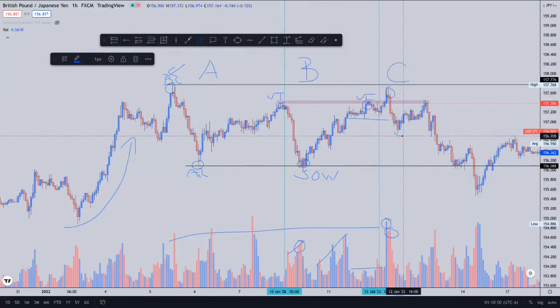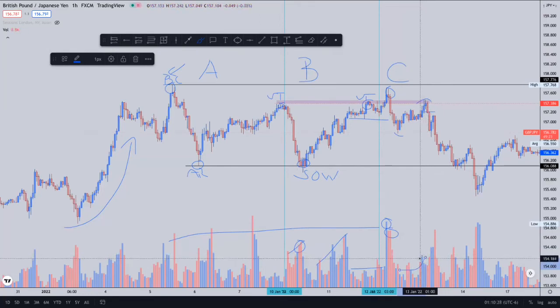We come down, make a low, and again, we start to retrace up to that previous level of structure. And what happens when we get there? We get a reversal. So this is our first lower high, that point, and look, from that rally after we drop from this point to this point, we're seeing that volume was lower, getting higher, getting higher, getting higher.